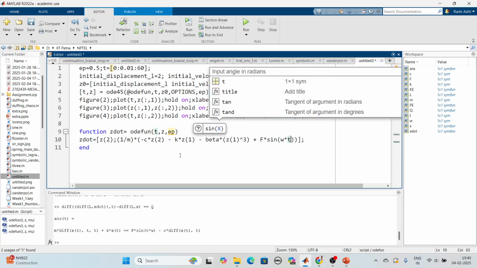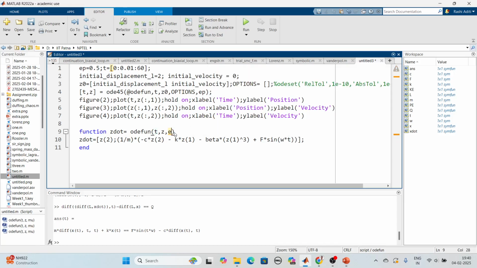No doubt. Here we define the function as ODE fun of t comma z, and we are going to now specify all the variable names: m, k, c, f, w, beta. We have to specify those values over here.